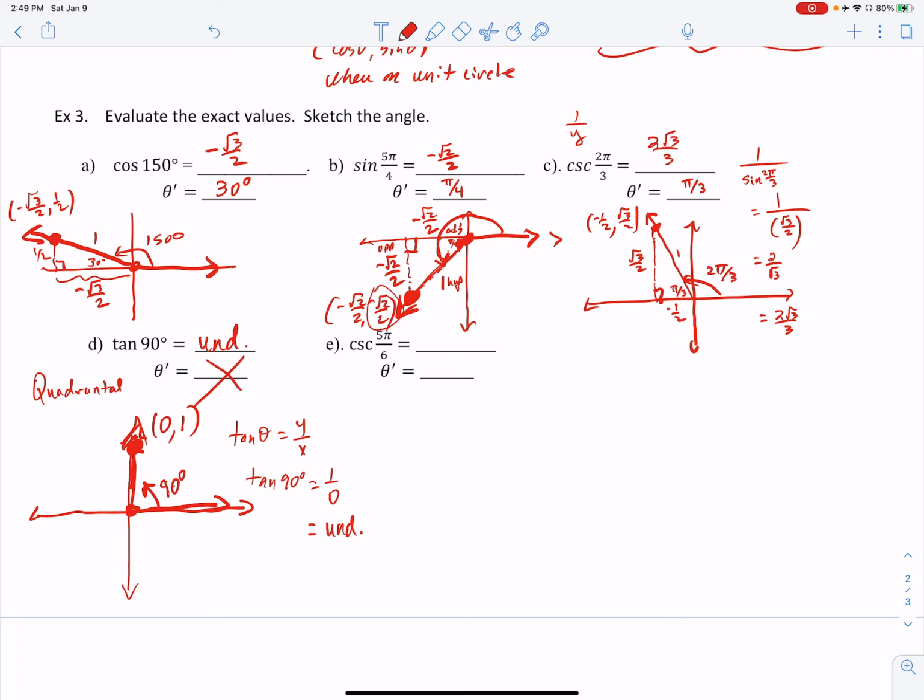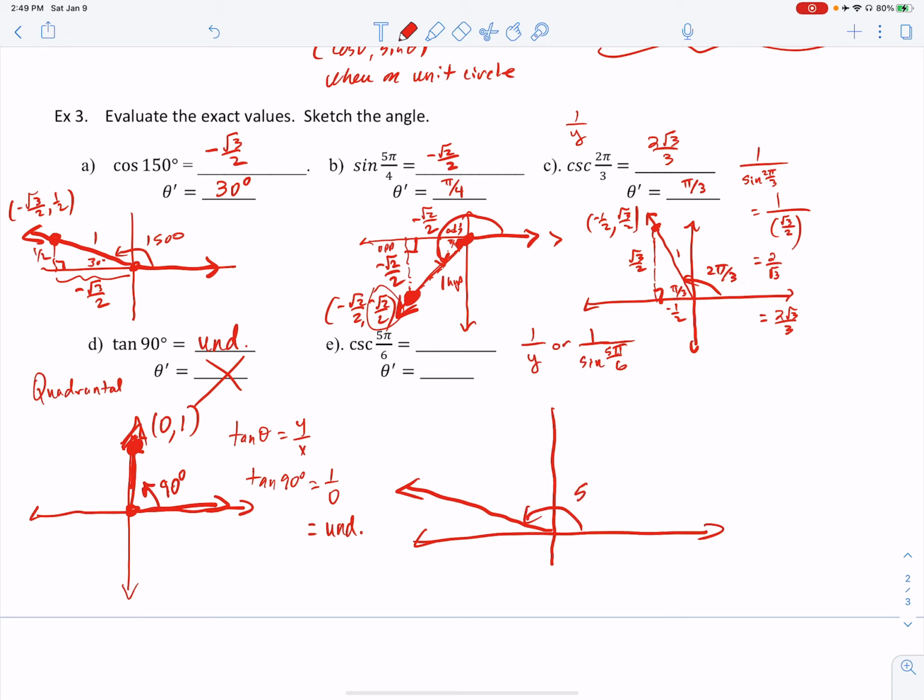Cosecant. Cosecant is the reciprocal of sine. So once again, it's going to be 1 over the y coordinate, or 1 over whatever you get for the sine of 5 pi sixths. So when you're starting to recognize these, 5 pi sixths is going to end over here.